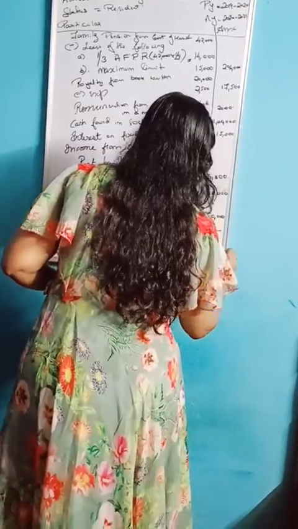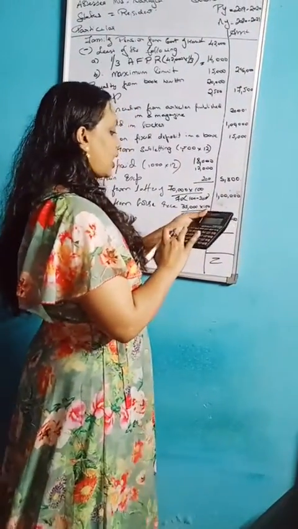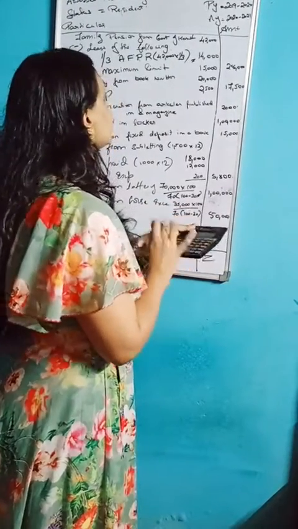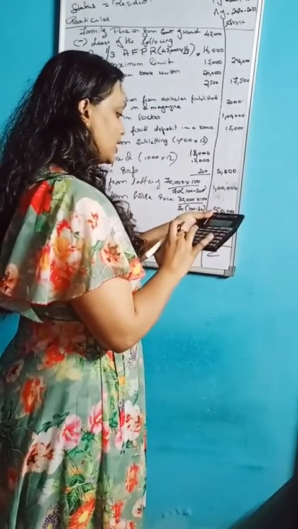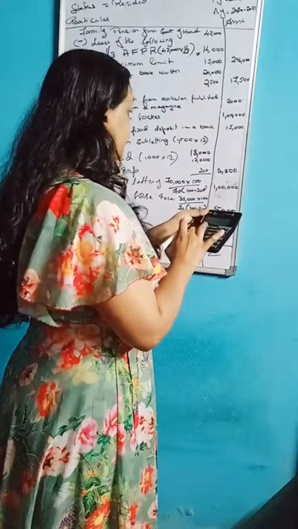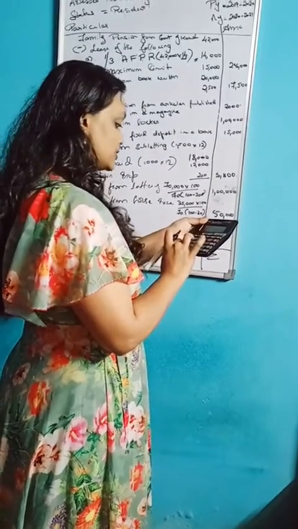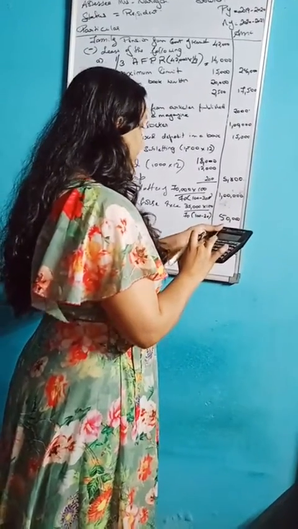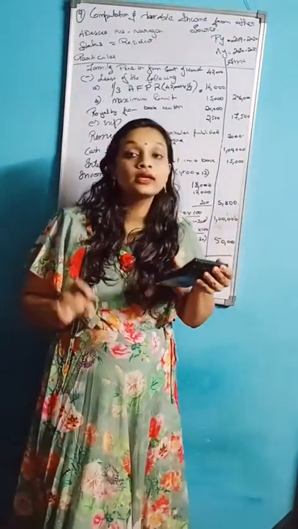And calculate this total amount. So 28,000 plus 17,500 plus 2,000 plus 1 lakh plus 15,000 plus 5,800 plus 1 lakh plus 50,000, you will get 3,18,300.